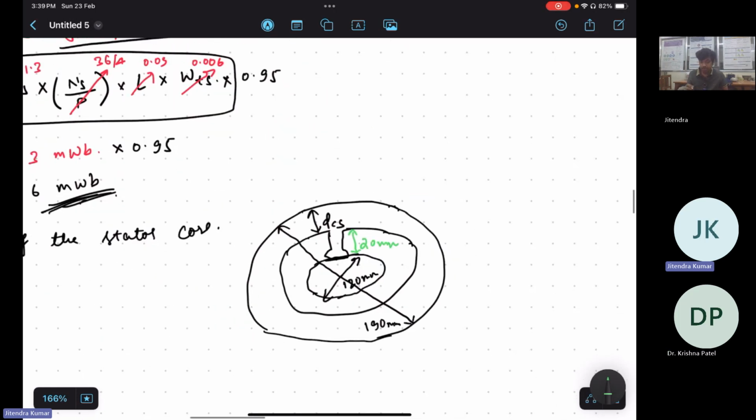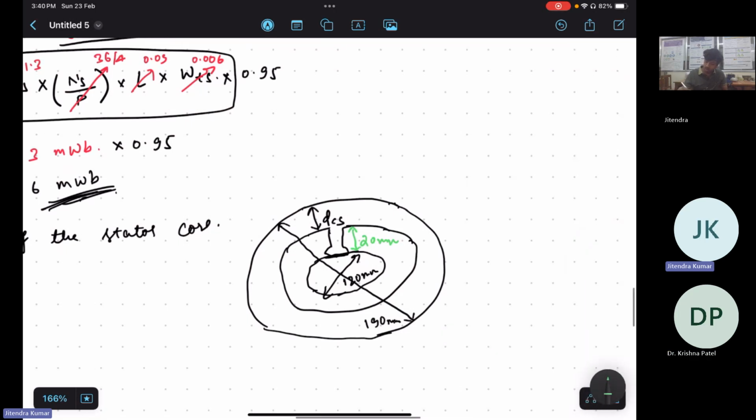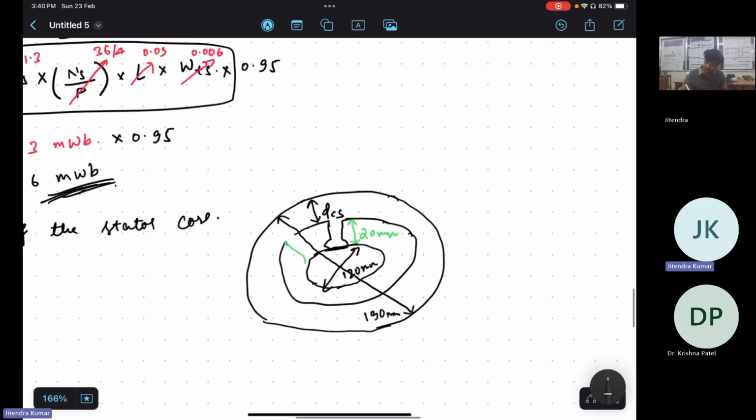Why is it called slot depth? Why not tooth length or something else? Because after this tooth there will be another tooth, and in between them this area is nothing but the slot where windings are placed. So whatever the length of this tooth is equal to the depth of the slot.